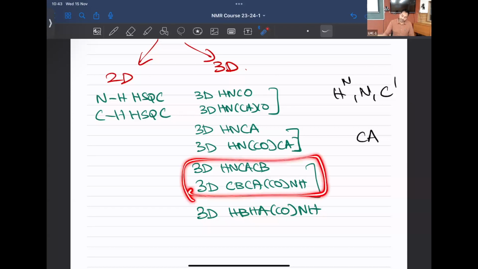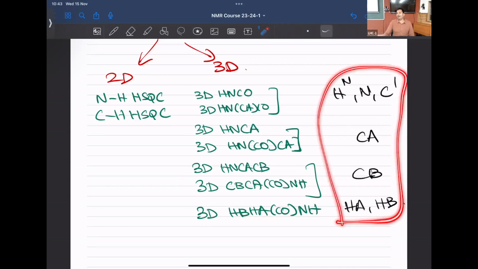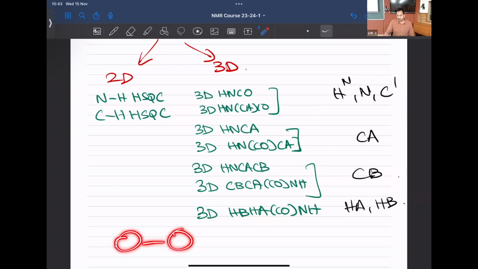This experiment, in addition to giving C alpha, will also add C beta to your repertoire. This experiment will add HA and HB also. So this way, you would be able to take all these chemical shifts and get sequential assignments across the protein. So these are through bond experiments.